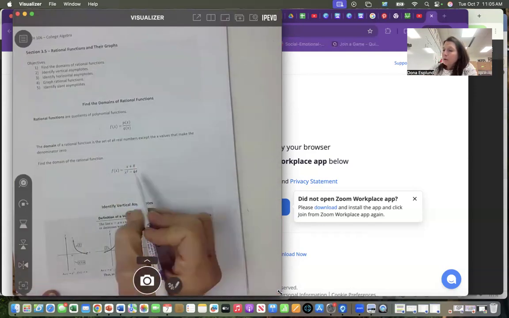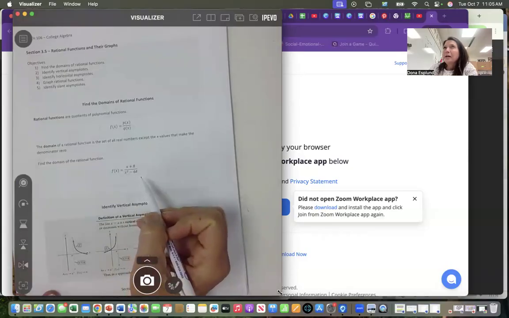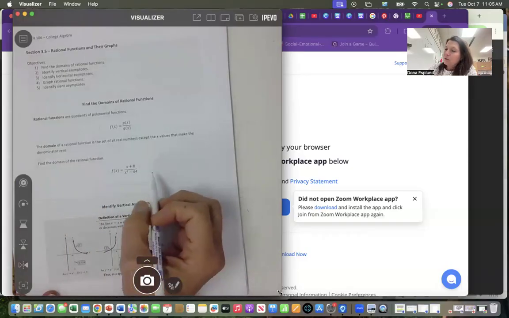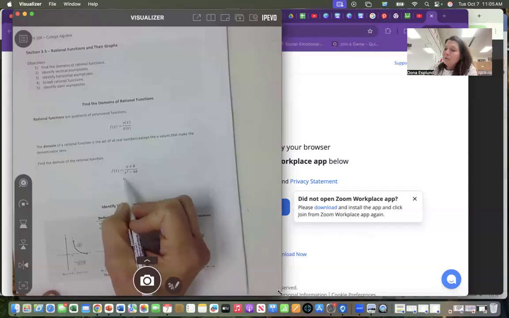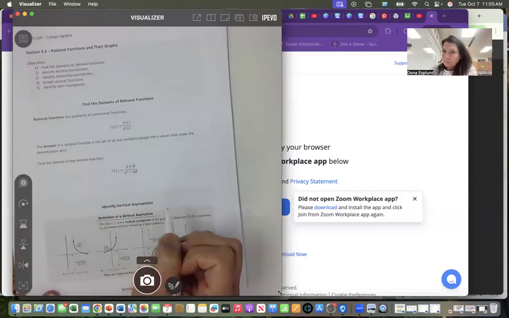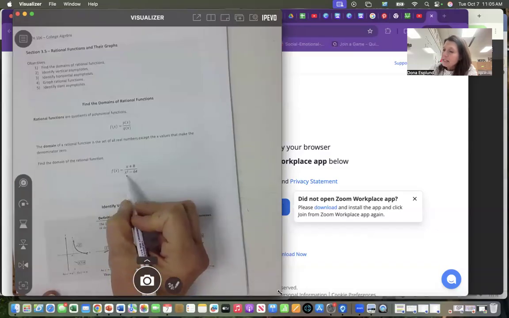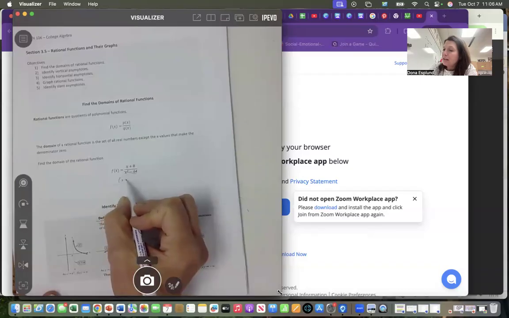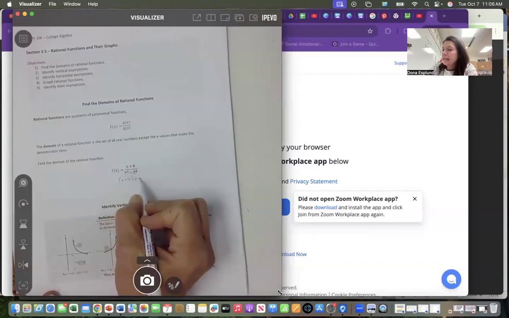So on this one, we had this problem probably in chapter 2, and it said, find the domain of the rational function. Well, we know that in the bottom of the fraction, it cannot equal 0. And so we need to factor this. Notice that x squared minus 64 will factor to x plus 8 times x minus 8.